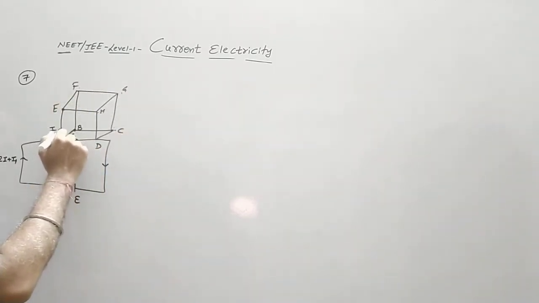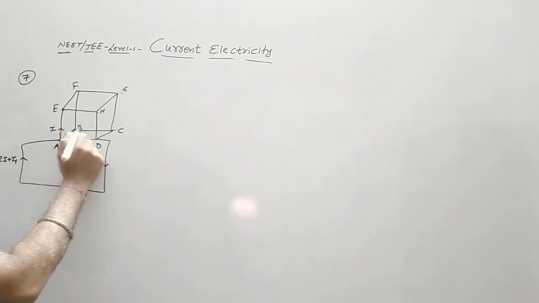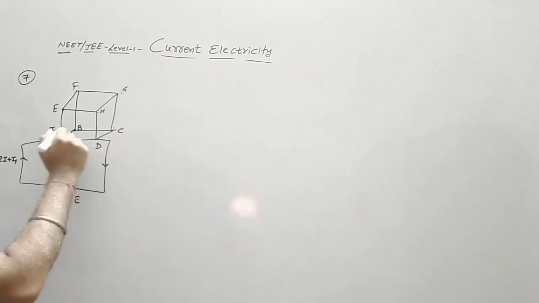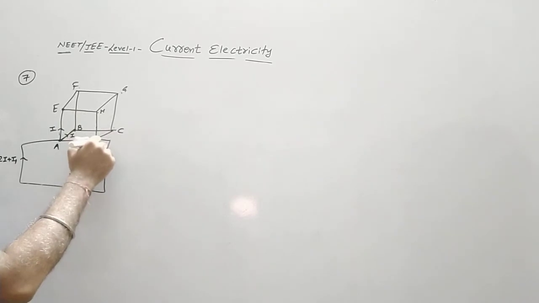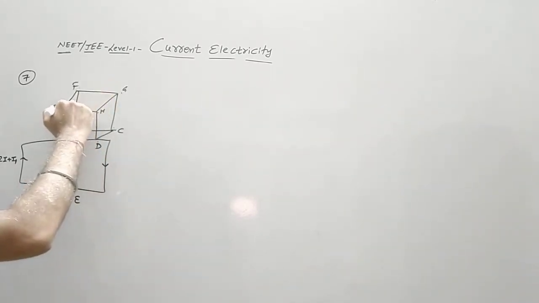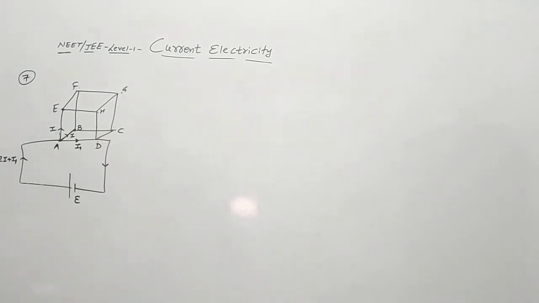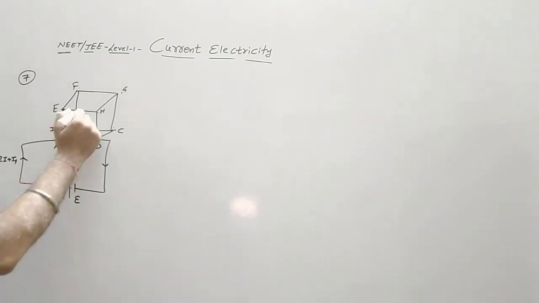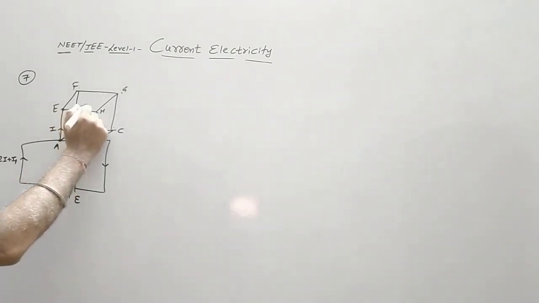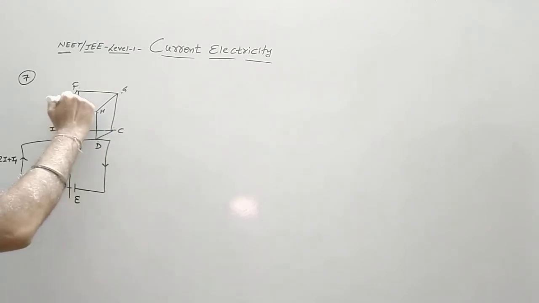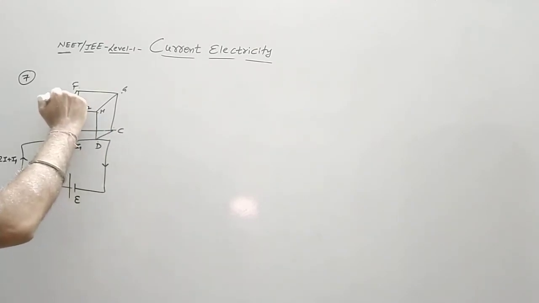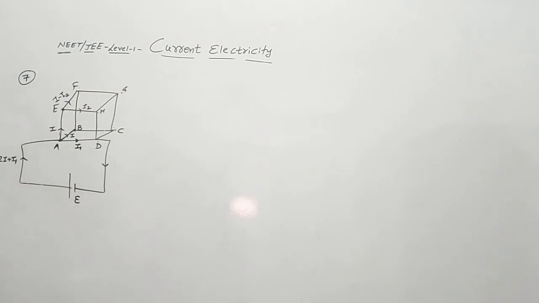So here also we have three paths. But from BC and CD to EH, HD, the remaining is EF, FG, GC. So the current should not be divided equally, and we have to introduce another variable. Let this variable be I2. So the current here should be equal to I minus I2.